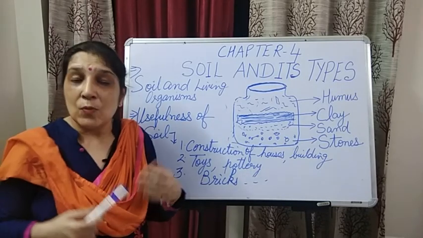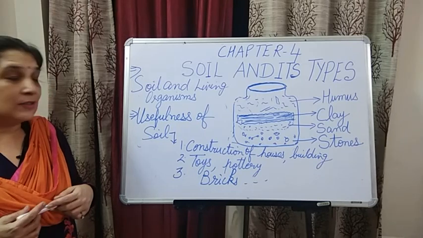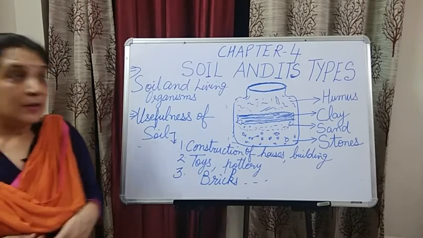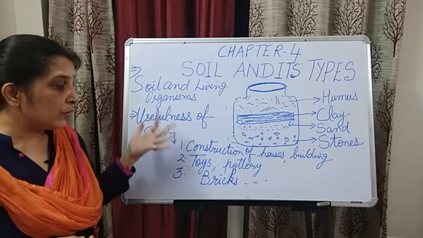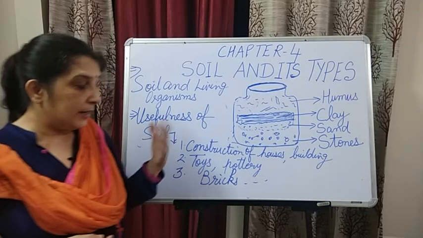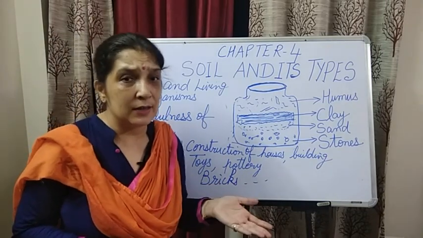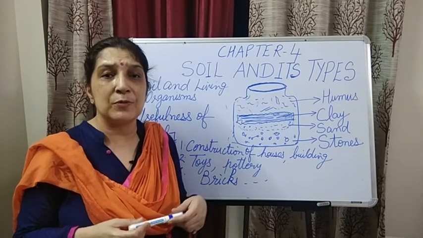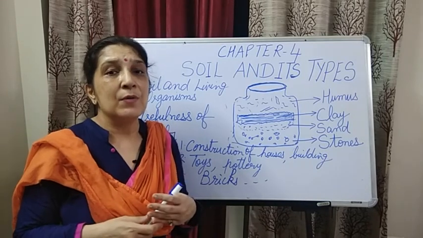And what else did we discuss today? Remember, we discussed the usefulness of soil. Soil is useful for the construction of houses, buildings. Bricks, toys, pottery and many other things are made from it. I told you that show pieces which you buy from the market are made of clay. And what else we discussed?